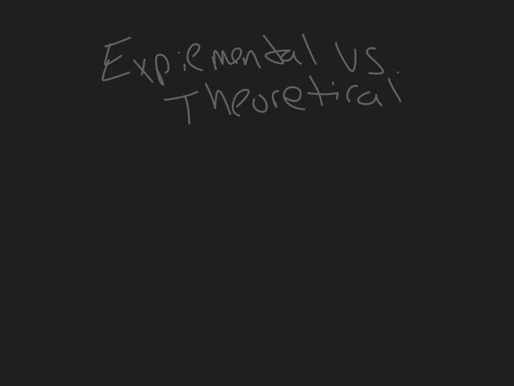Okay, a little more into the definition. There are two types of probability. There's experimental and there's theoretical. So if we're thinking about this, experimental is more of you do a series of trials. So let's consider a coin for a second.